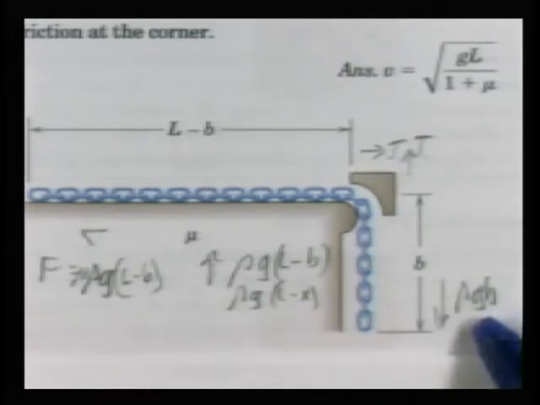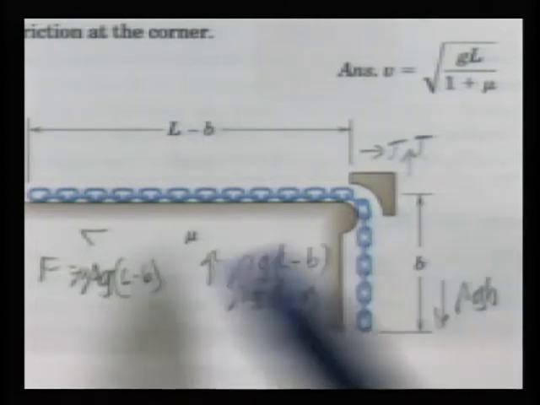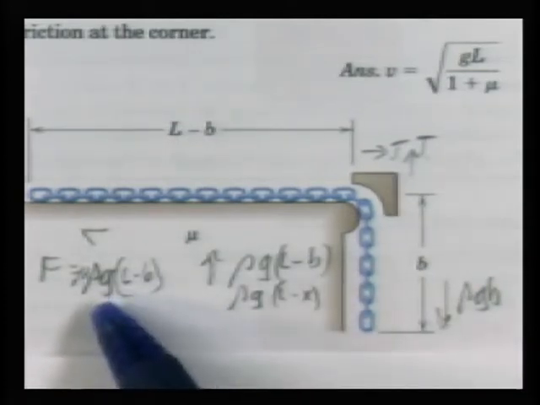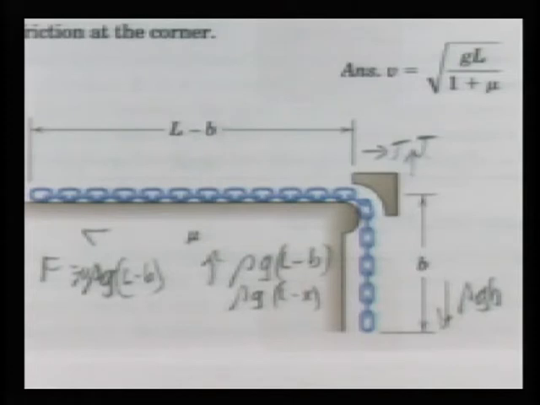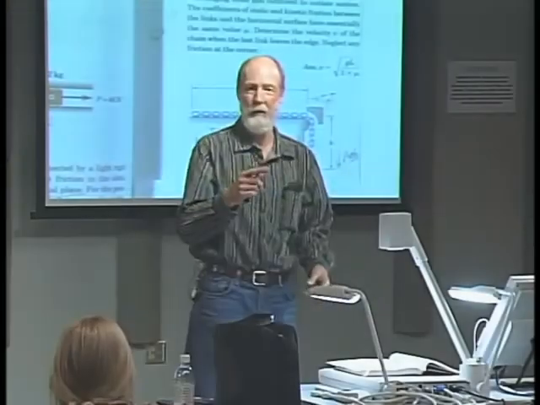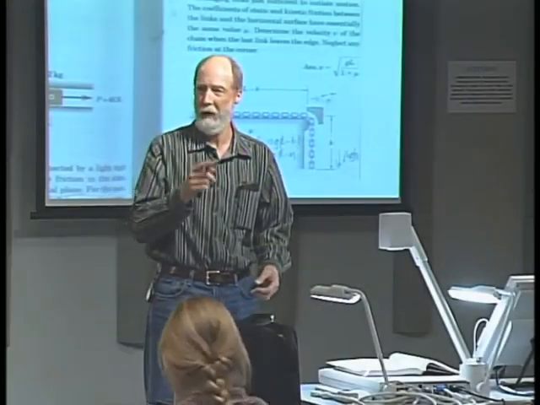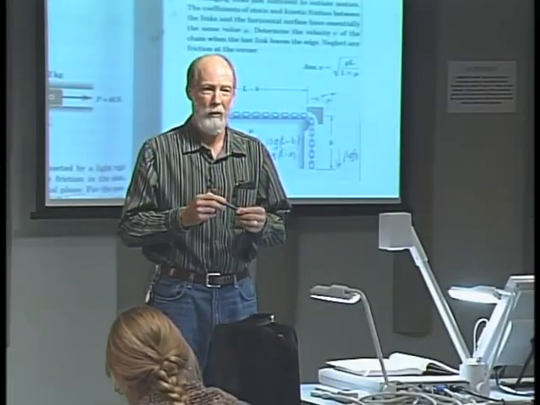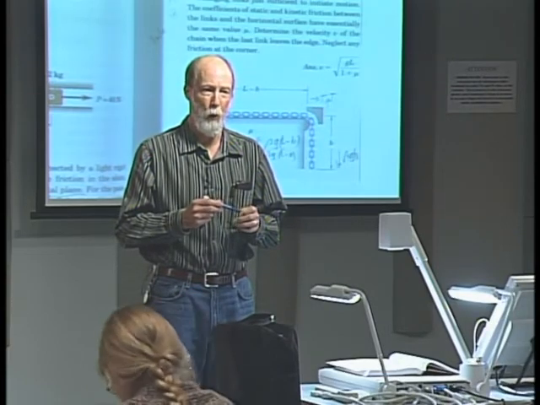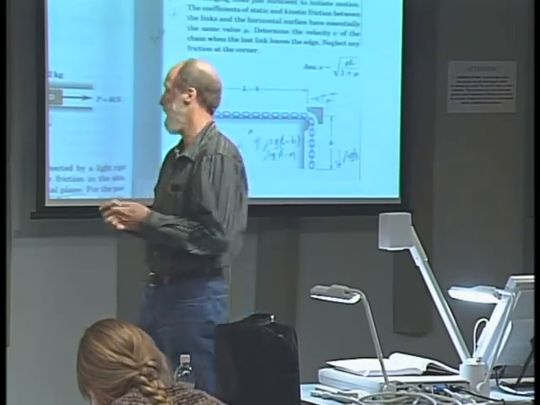That force, rho g b, must match the friction force, mu rho g (L minus b). Then the next step, I don't want to show it all to you, is to use v dv equals a dx, where your integration, I'm going to go ahead and write that up on the board.